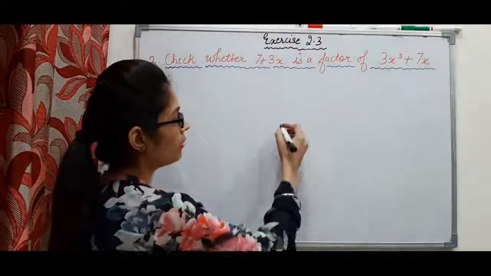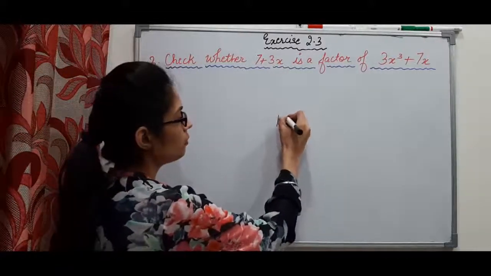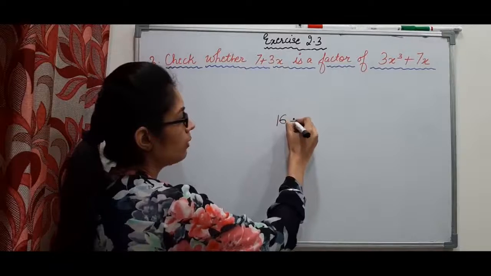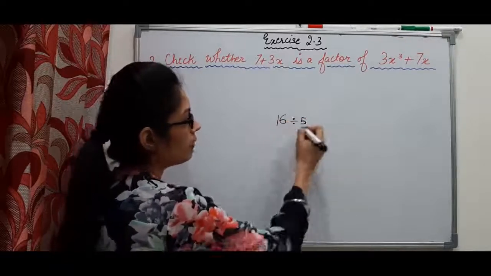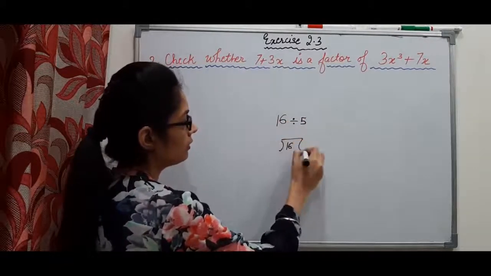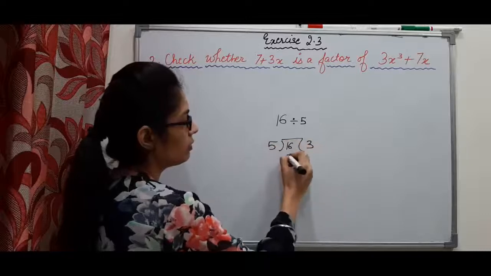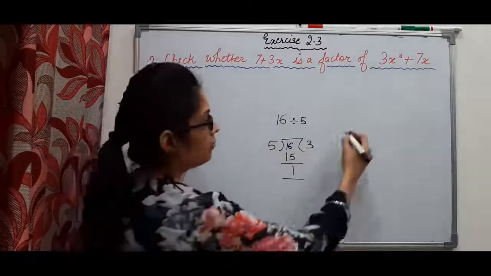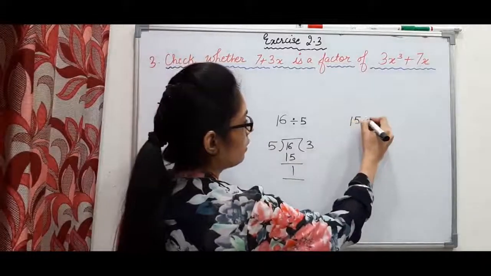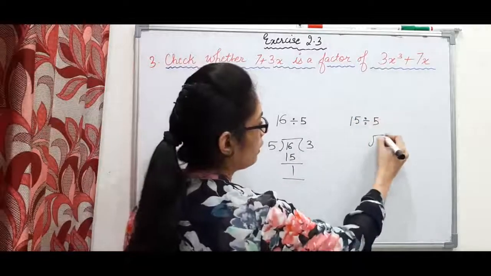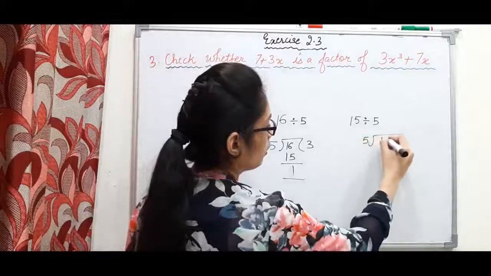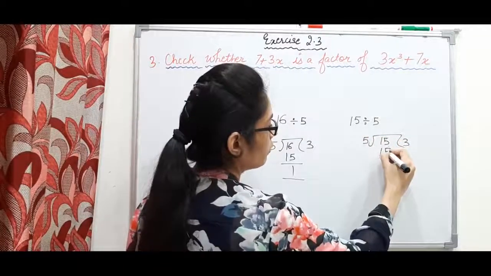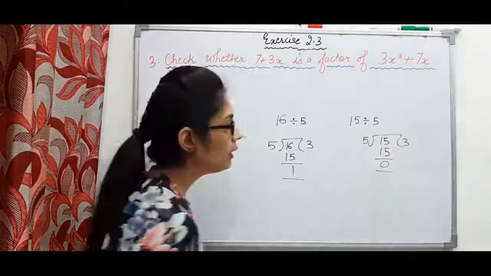At the starting, I took two examples when we divided 16 by 5. After dividing 16, see, this division was 3 into 5 is 15 and I got 1 as my remainder. In the same way I divided 15 by 5 and I got 3 into 5 is 15 and I got 0 as my remainder.